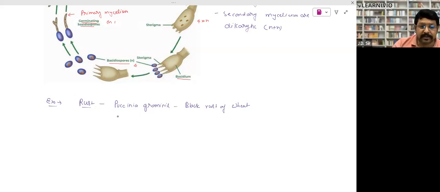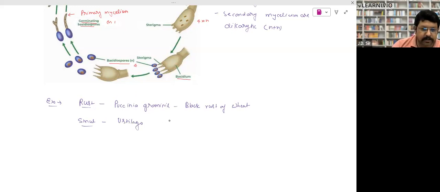It is a very dangerous disease. It vanished the crop of complete wheat, right? Then another disease is called smut. Smut is a disease that is caused by Ustilago.